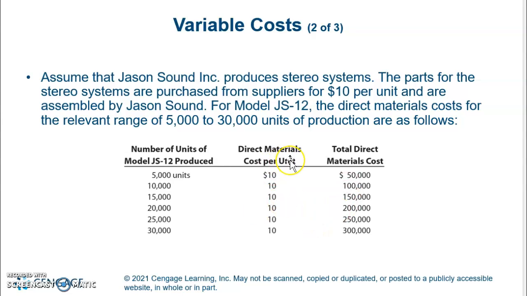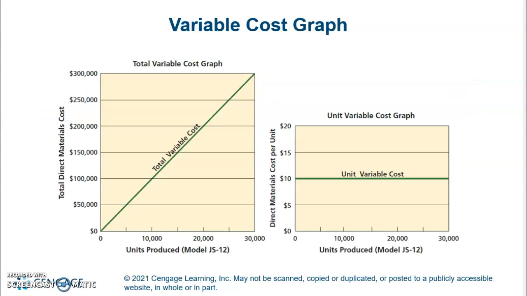So the more stereo systems I make, the more variable cost I have. If we look at variable cost in a graph, it will always start at 0 for the total. If I make 0 units, I don't have any variable costs. And then it will go up in a straight line, and it will continue to go up because the more units I make, the more variable costs I will incur.